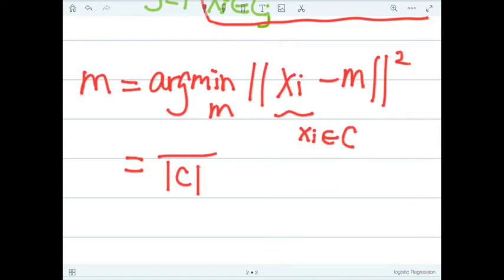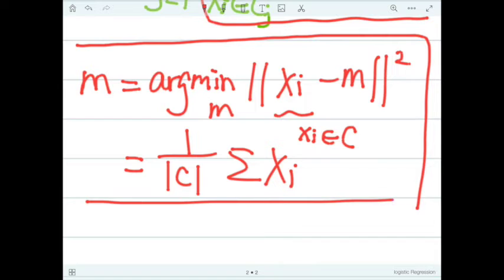It's actually just the mean of all the data in that cluster. It's very straightforward and intuitive to understand. We have all the data in the cluster, and to calculate the prototype of that cluster, we simply add all the data and then calculate the mean.